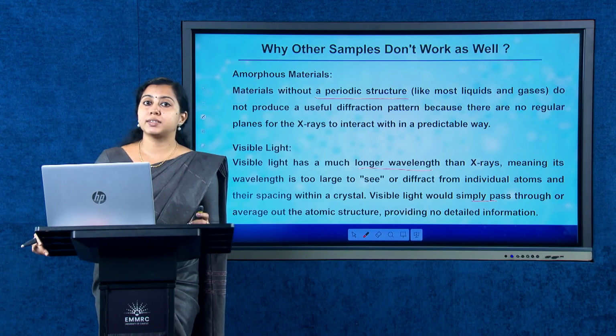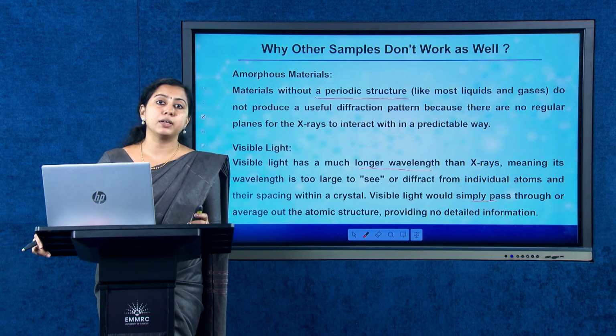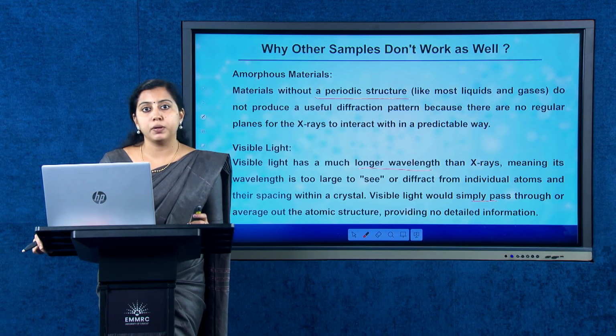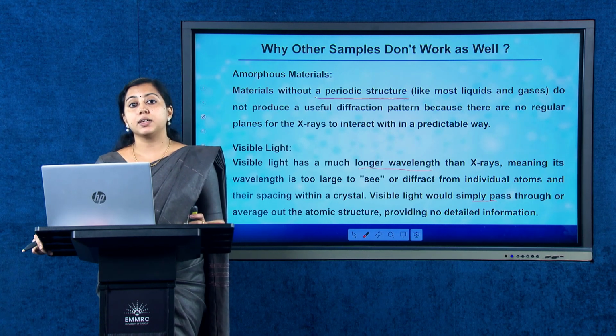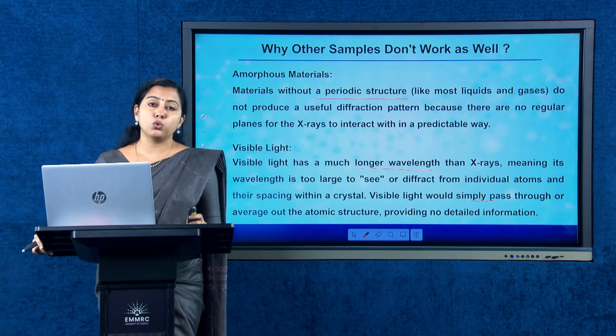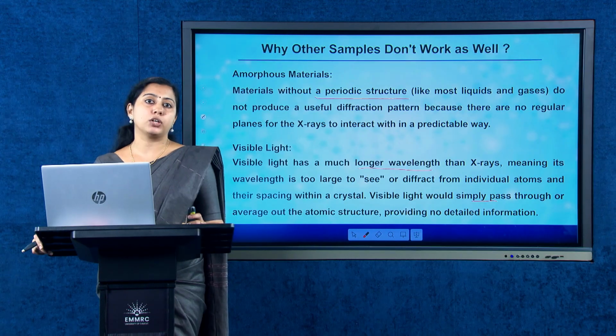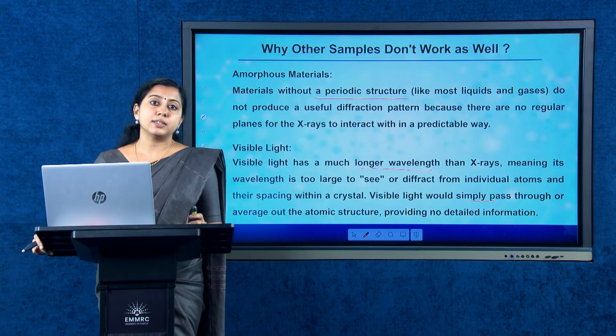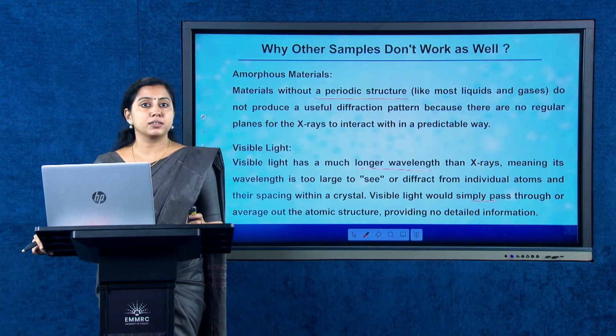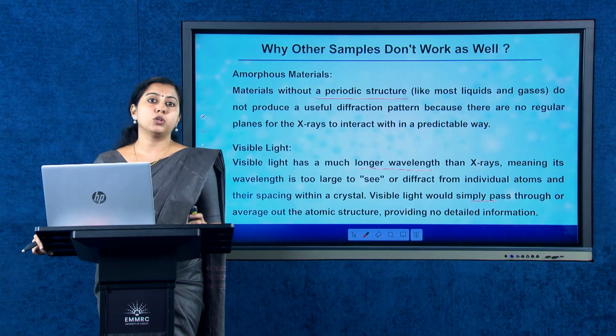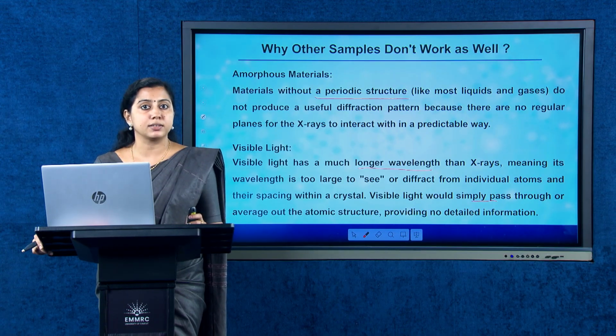So, amorphous solids cannot be used because they do not have any regular periodic arrangement. And visible light's wavelength is too large to diffract from the individual atoms. So, we cannot see specific or characteristic diffraction patterns as observed with X-rays.